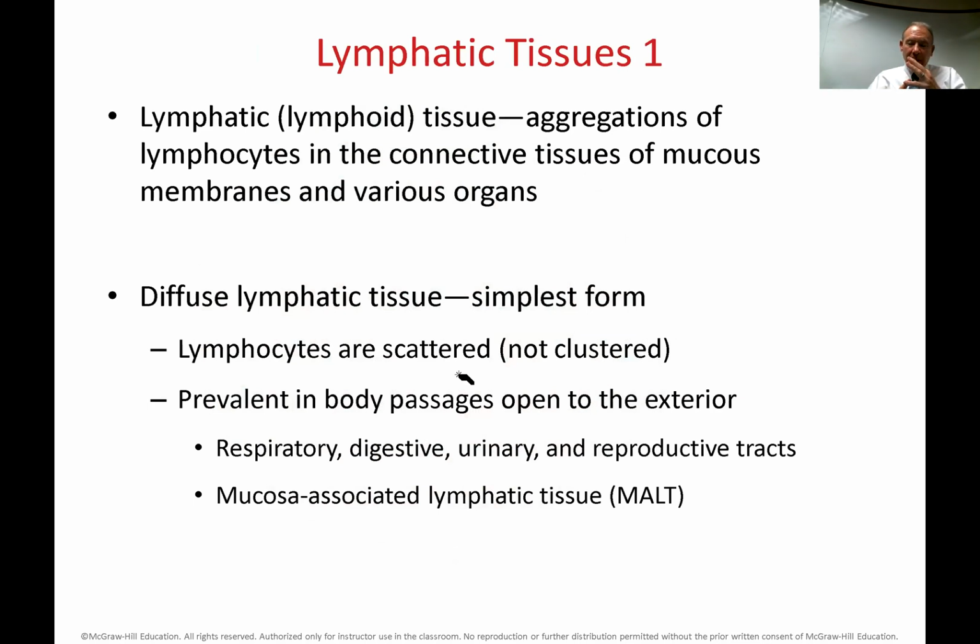So we talked about lymph vessels, and how they drain into the right lymphatic duct and the thoracic duct, and how it empties into the right subclavian vein and left subclavian vein.